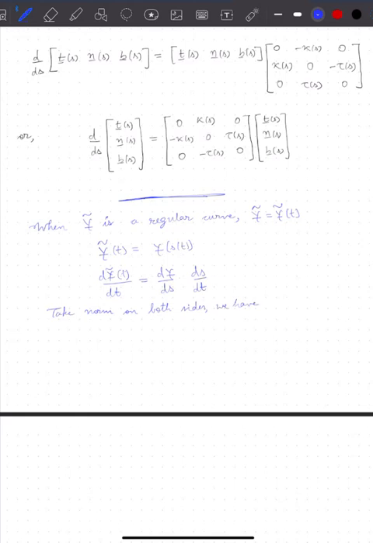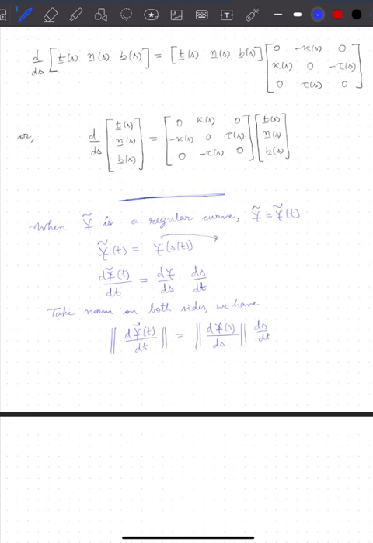What we have is the norm of d gamma tilde by dt, and this is equal to, of course at t, d gamma at s by ds and ds by dt.